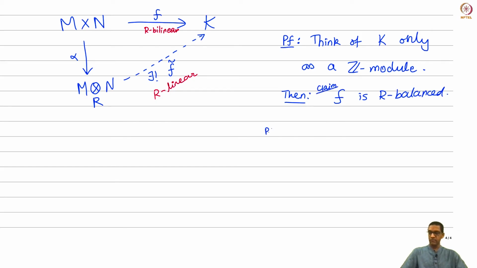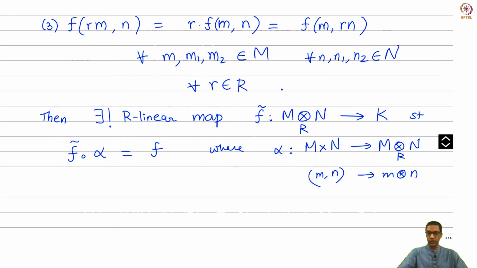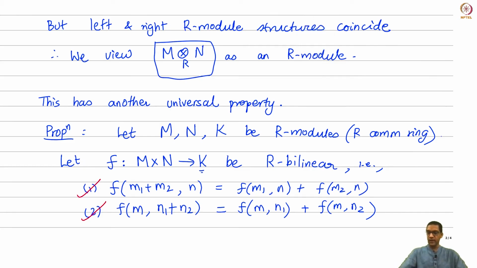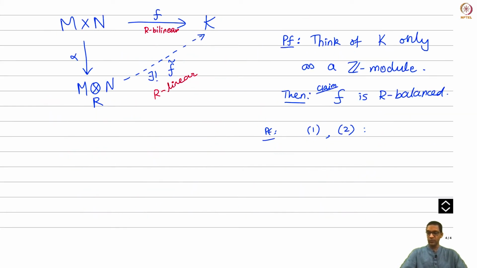Why? Well, the properties 1 and 2 that you need for R balancedness are exactly the bilinearity conditions 1 and 2 that are satisfied. So these are exactly the first two conditions you need. So 1 and 2 are the same as for R bilinearity.